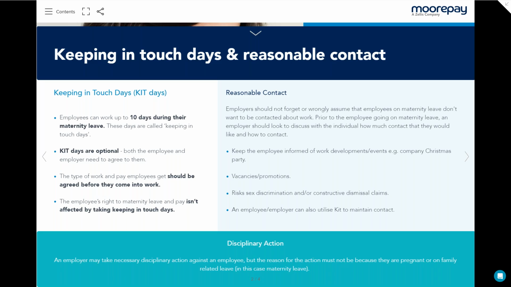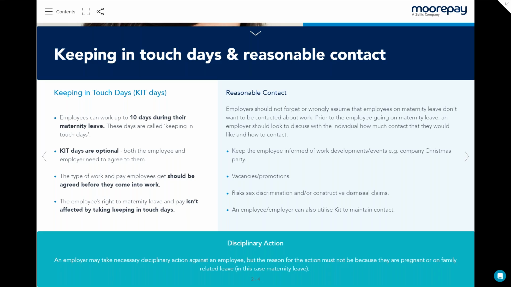That needs to be addressed, can be addressed through kit days. But you may want an employee to comply with the process, but we can't compel them to if they're on maternity leave. It's a very tricky situation and shouldn't be connected to the pregnancy. It should be something to do with anything outside of the pregnancy.